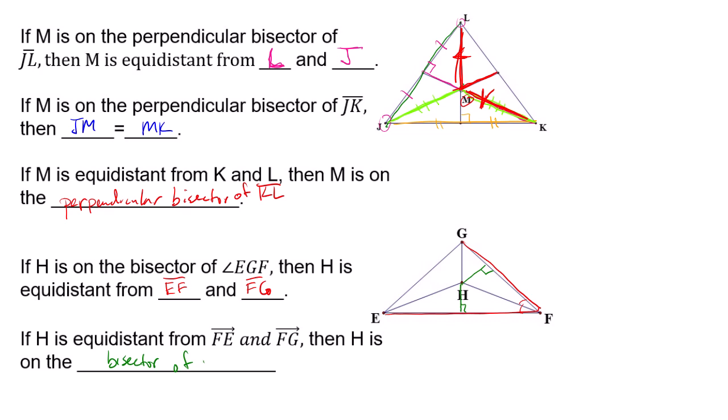I just realized that I made a mistake on the last one. It's EGF was that one. So it's like this, EGF. And so if H is on the bisector of EGF, then H would be equidistant from FG as one of them, but then EG would be the other. So it should be EG right here, EG and FG. Sorry about that.